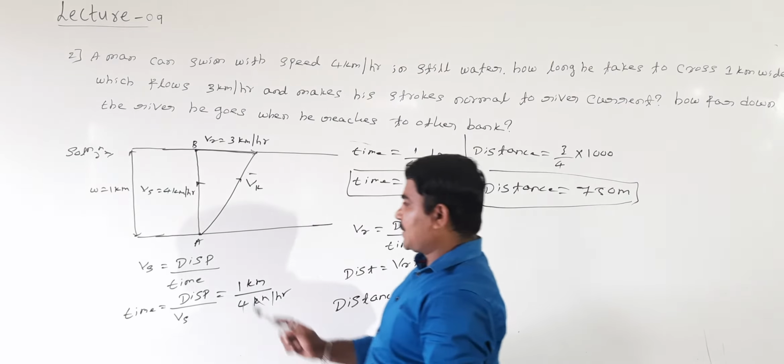Okay, students. Third numerical: a boatman can row with a speed of 10 km per hour in still water. The river flows 6 km per hour.